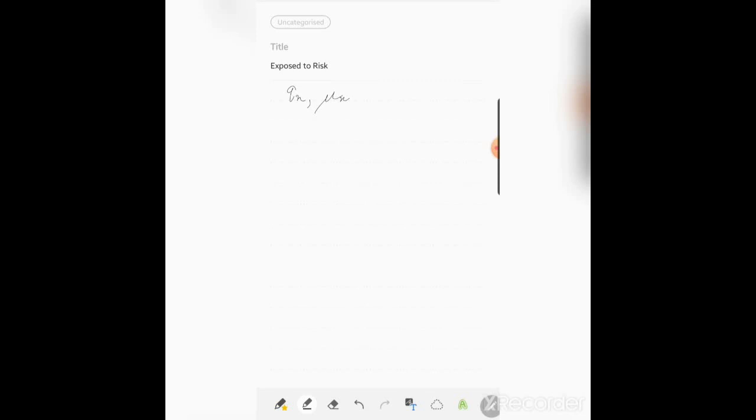Before we get more into details on this particular session, the first important aspect is we look at the term called exposed to risk.